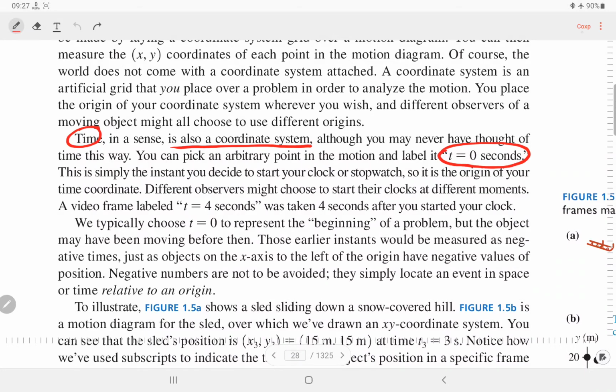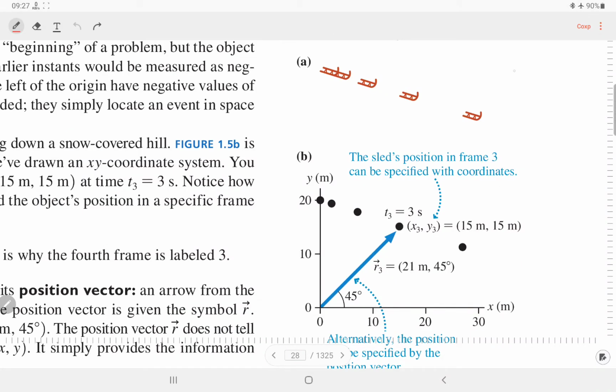It means beginning. Now let's come to the coordinate system. In diagram A, we have an object, let's keep it simple, which is sliding downward, yes? So the x coordinate is changing, the y coordinate is changing. Now we know that we can choose any point as the origin of the coordinate system, but of course we need to choose the way which will be simple for us.